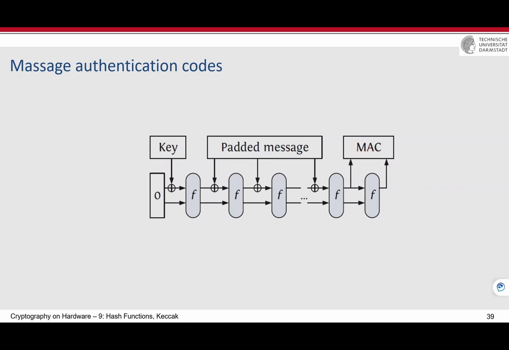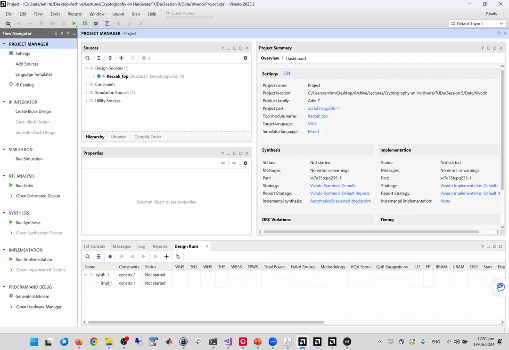Of course, there are different standards on how to use, for example, hash functions to generate the MAC, but this is something suggested by the Keccak team. I'm not sure this is actually a standard. I think there are different sizes and different ways to do that, and the key should also be padded and so on.